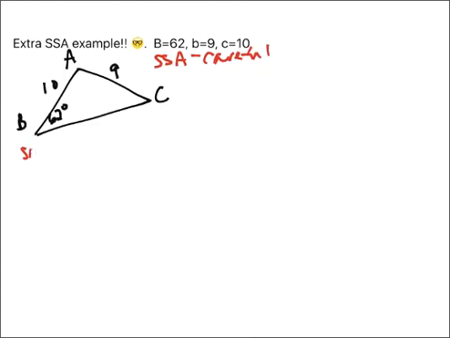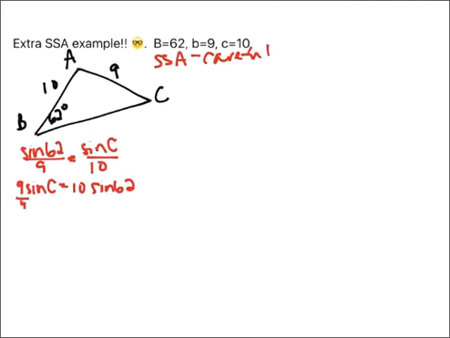I've got the sine of angle B over B is equal to, we're going to have to do the sine of angle C here because I gave you side C. If you cross multiply, you get that, divide both sides by 9, you're going to get that the sine of C is 0.9811. So if you do the arc sine or the inverse of sine, this time it's going to work because that's smaller than 1, we're good.